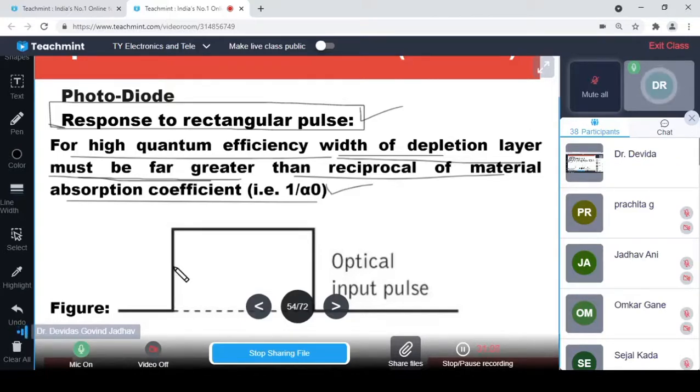And this amplitude is held the same for a long time, whatever the time, 1 microsecond, 1 nanosecond, 10 nanosecond, 100 nanosecond, whatever. And then that amplitude of the optical signal is again reduced to a lower position, maybe 0, maybe some lower value. So this is the rectangular pulse in the optical case.